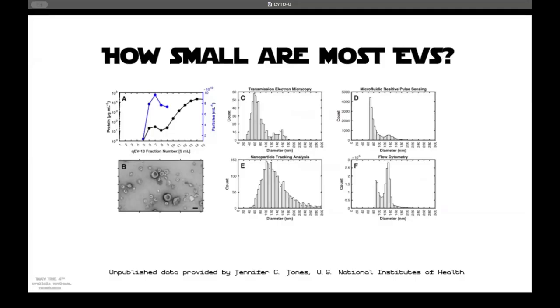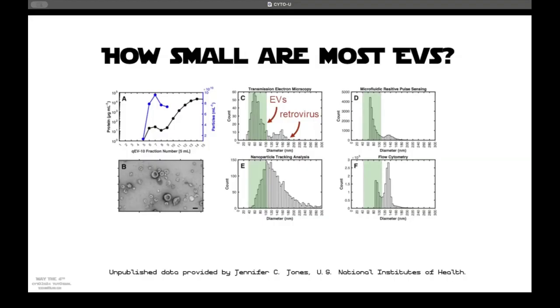This is mainly due to limits of detection. You can see that transmission electron microscopy, which isn't really limited in its lower limit of detection for an EV sample, can see a bimodal distribution. And with the microfluidic resistive pulse sensing, you can see that part of that lower distribution is cut off due to the lower limit of detection.